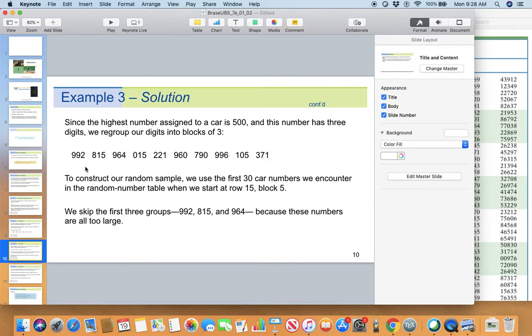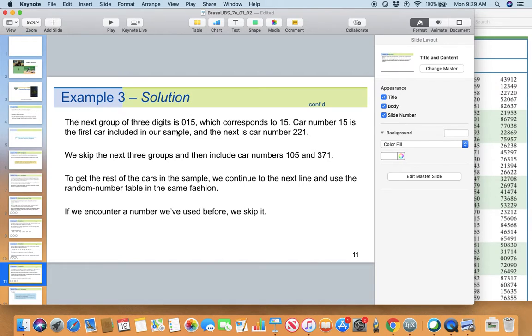So they have broken it into 3 digits. Okay. Now, we want to get the first 30 cars. Look at that. That's the first number. But that's beyond 500. So drop it. Second number, that's also beyond 500. So drop it. Beyond 500, drop it. This is the first acceptable number. Okay. So we are going to drop these 3 numbers and start here.